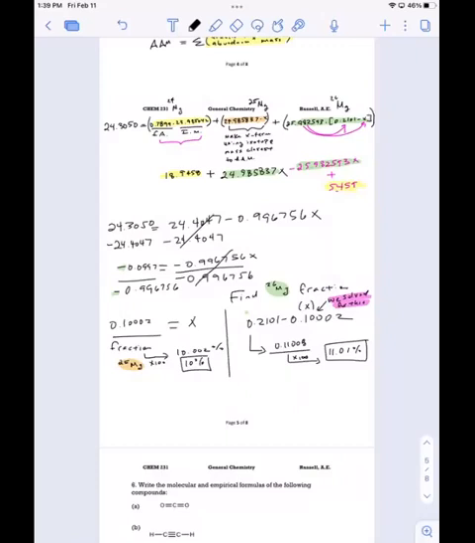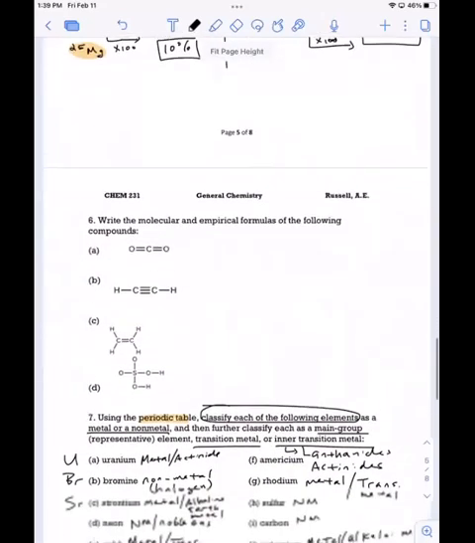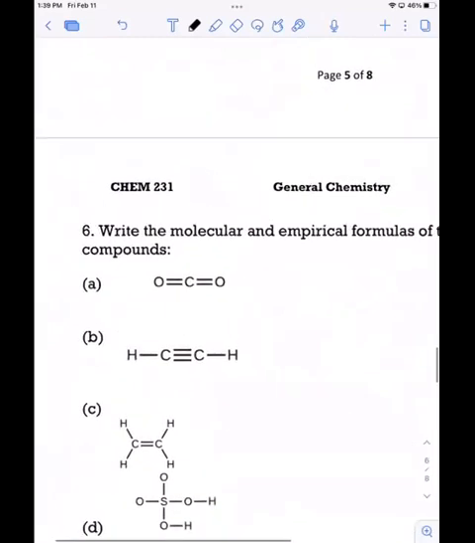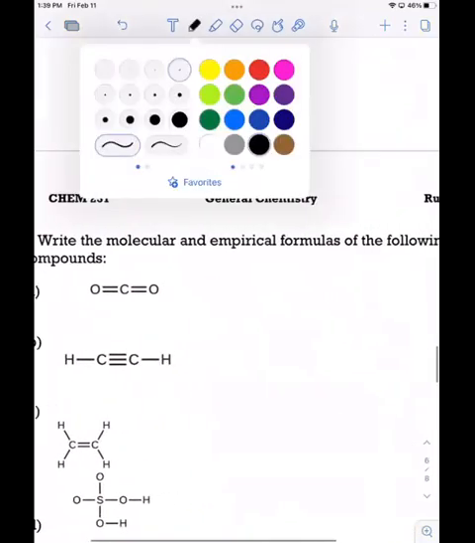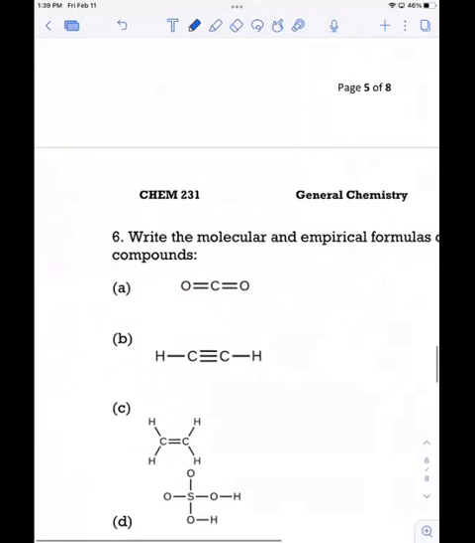Let's go to the next section because we've done average atomic mass. We've done calculations of protons, neutrons, and electrons. We did that Thursday. We did it Wednesday as well. Let's go to the next section. And now we're going to start this section on chemical nomenclature.